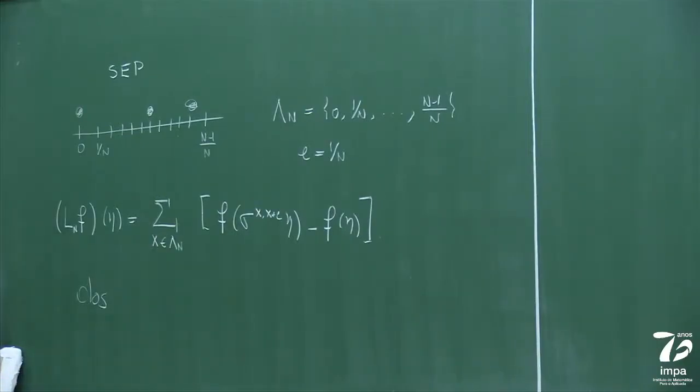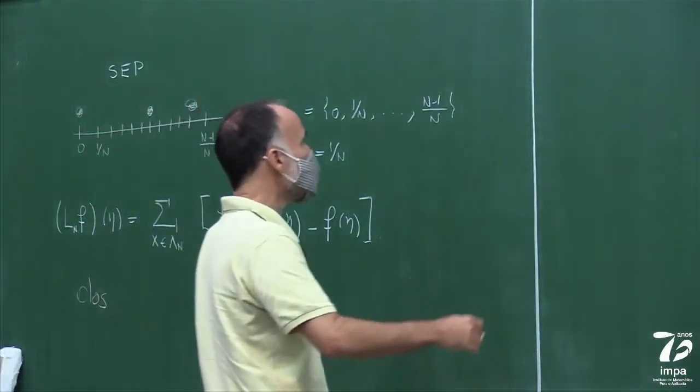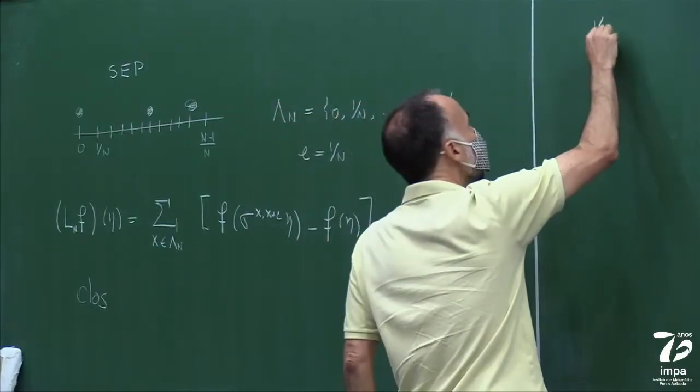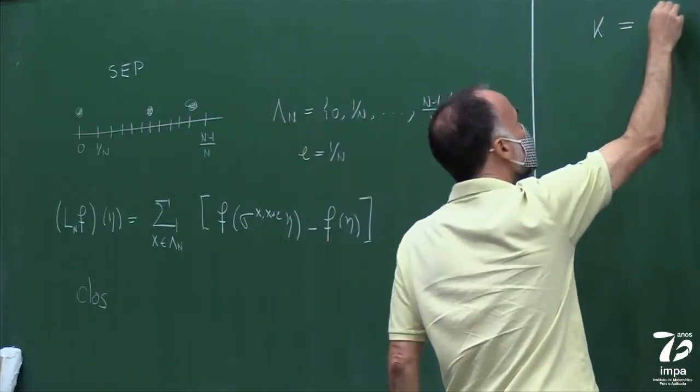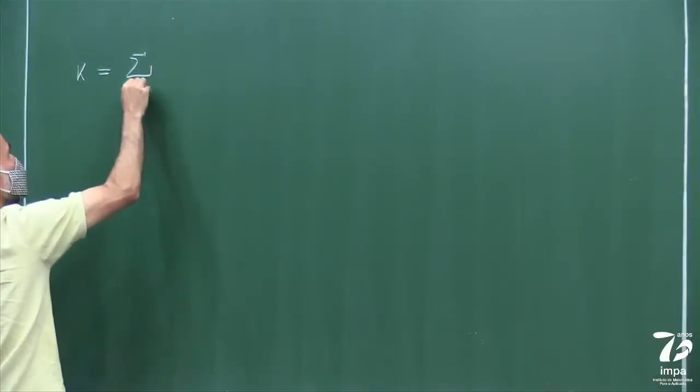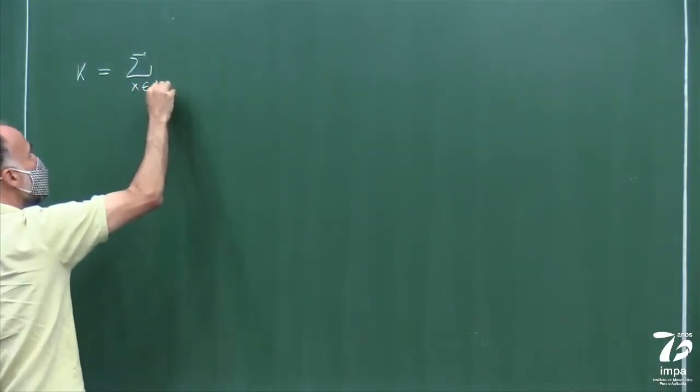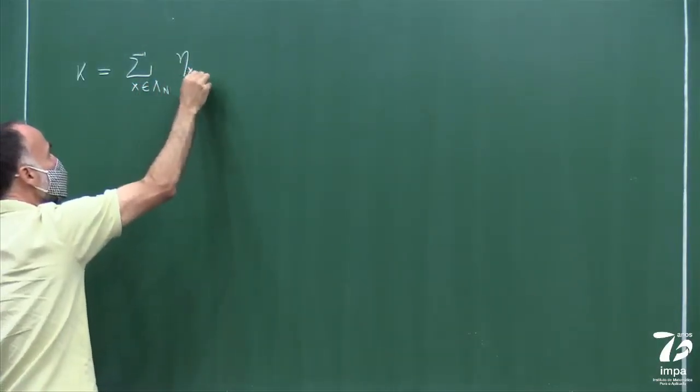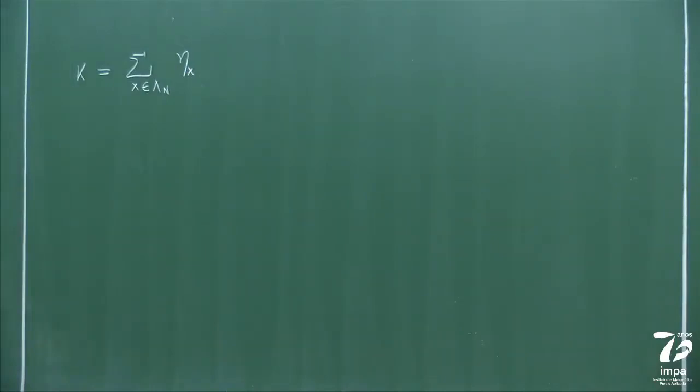It keeps the total number of particles. That clear? And let me call k the total number of particles. So this quantity is conserved.